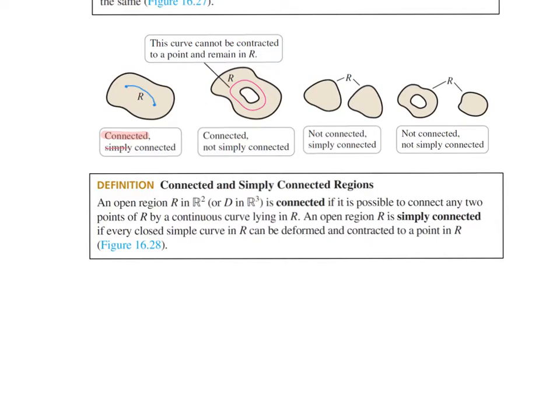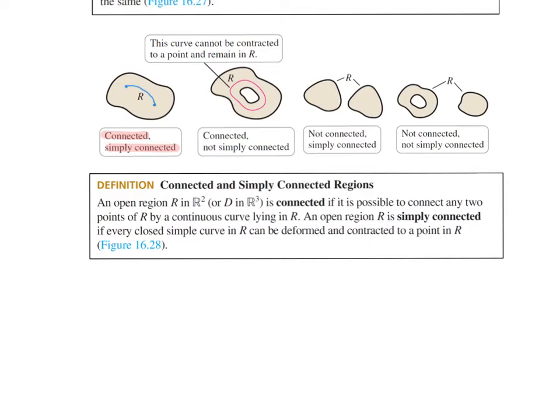It's also simply connected. Simply connected means that if I pick any closed simple curve in the region, I can collapse it down to a single point where that point is still in the region.